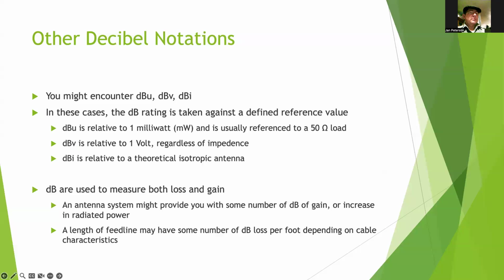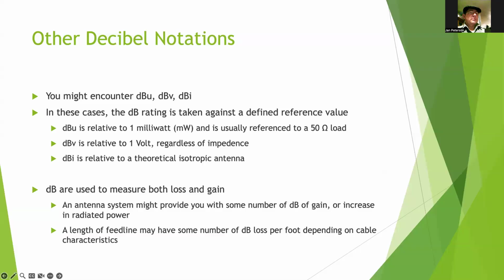Okay. And dB is also used to measure loss. If you're talking about some long length of cable, different types of cable will have different amounts of loss per distance and per frequency. So that's another thing to think about. If I'm going to put up my HF antenna, what kind of cable do I want for that?